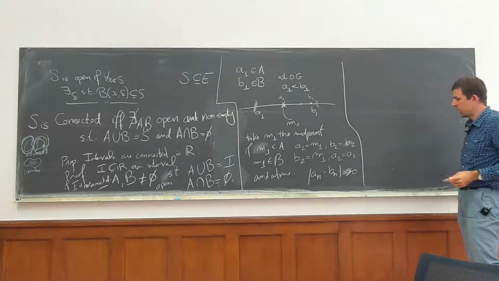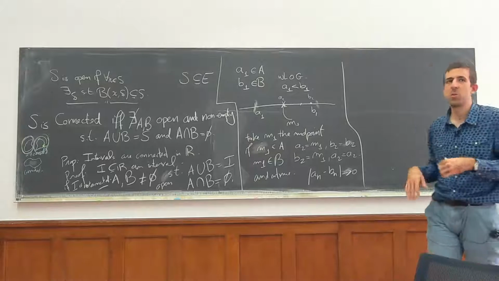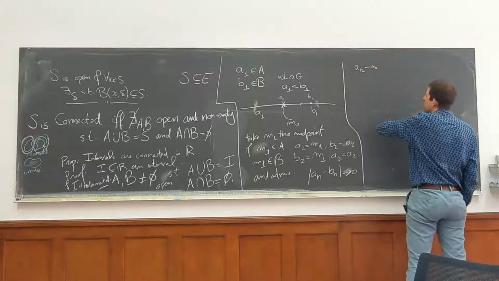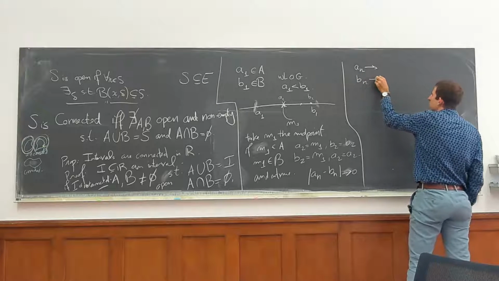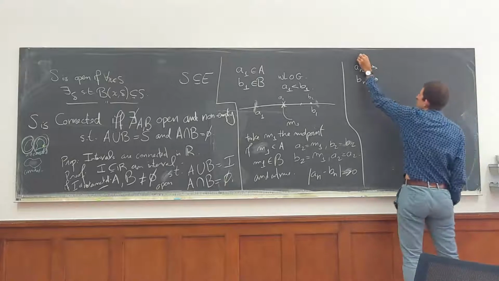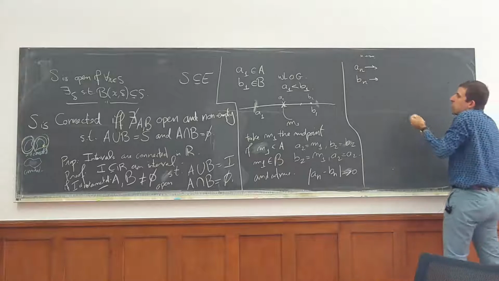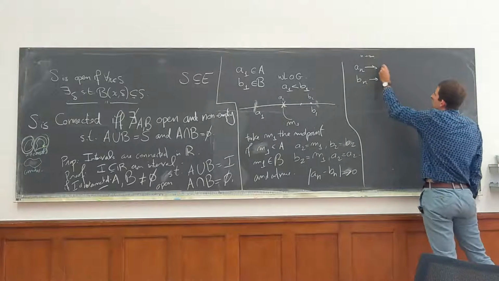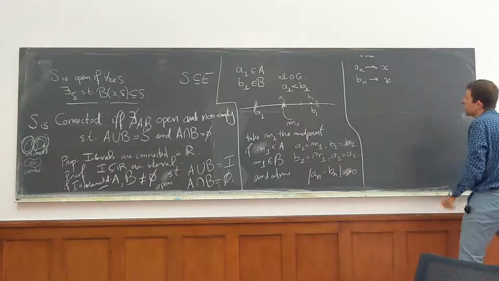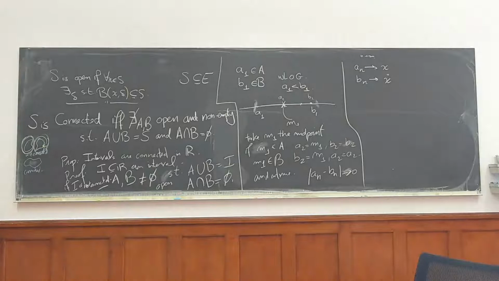You can use the fact that Cauchy sequences converge, the fact that monotone sequences converge, you can use many of these facts, that An will converge and Bn will converge, the sequences of numbers will converge as n goes to infinity. And they'll converge to some point, let me call it x. But because this distance is going to 0, they need to converge to the same x.